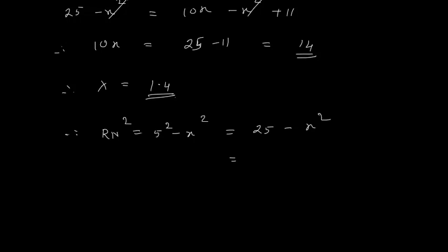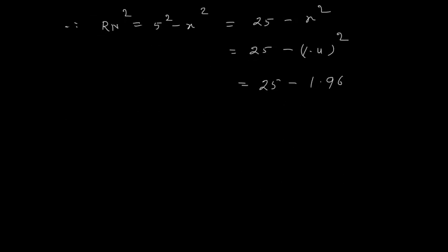The value of x is 1.4, so 1.4 square is 1.96. 25 minus 1.96 is 23.04. This is Rn square.